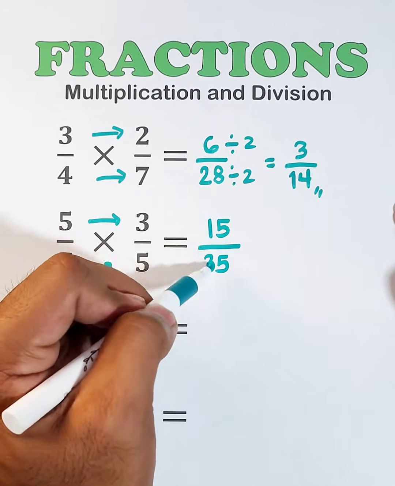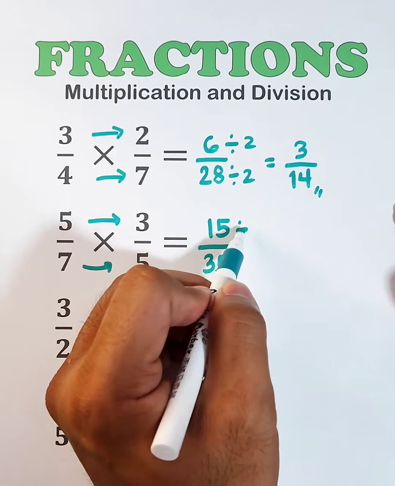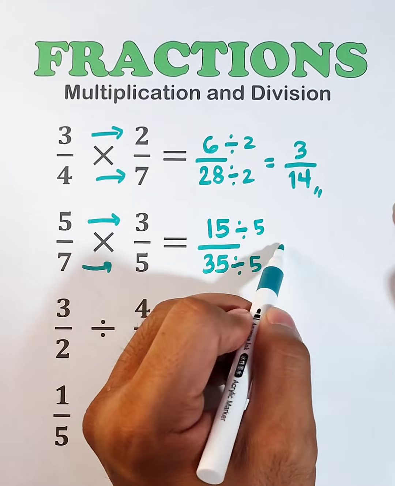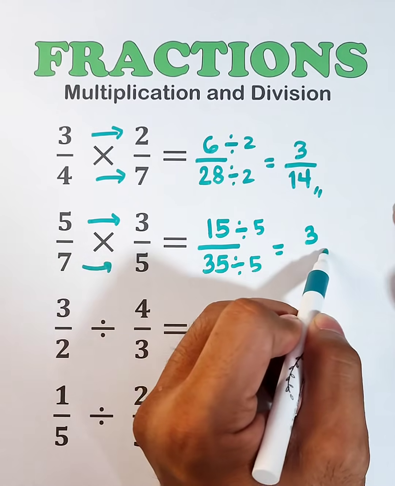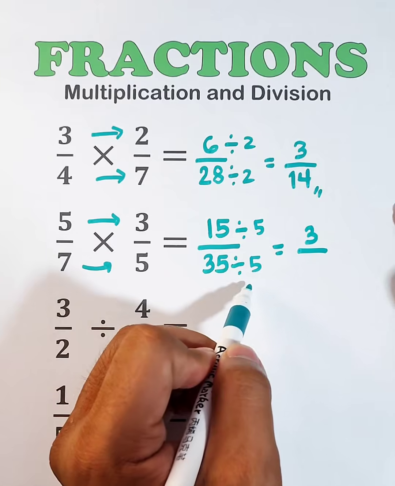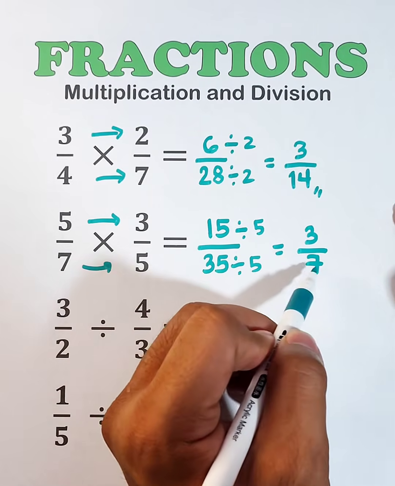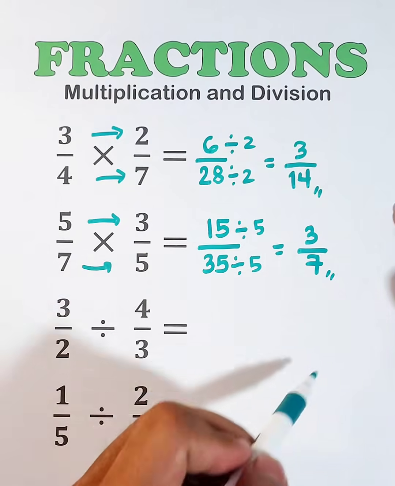And as you can see, the greatest common factor is 5. We can divide this by 5 and also this by 5. And simplifying, this is equal to 3 over 35 divided by 5, that is equal to 7. And this is the product of the two fractions, 3 over 7.